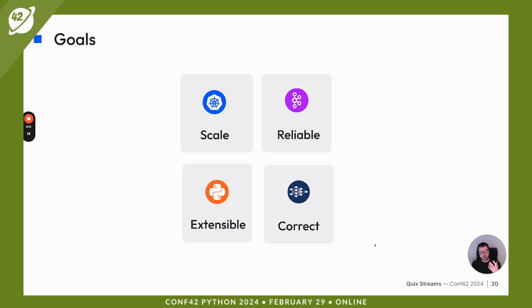And our goal is really to build a scalable and reliable system, both on the transportation of the data side and the compute side, which is extensible and correct. Correct means you can rely on the output regardless of hardware failures, network outages, etc.